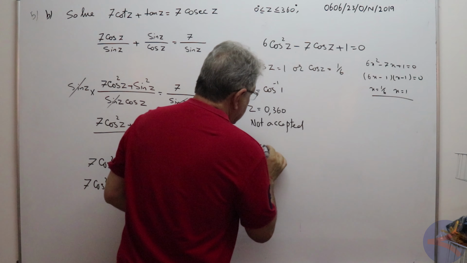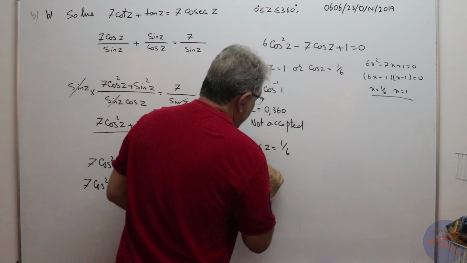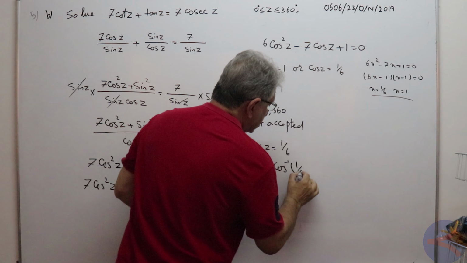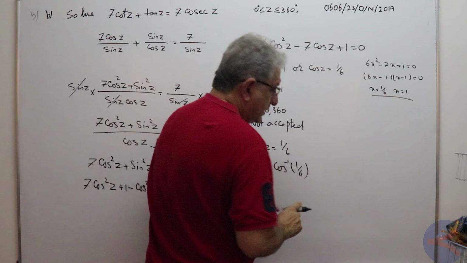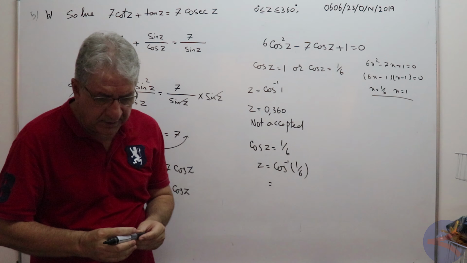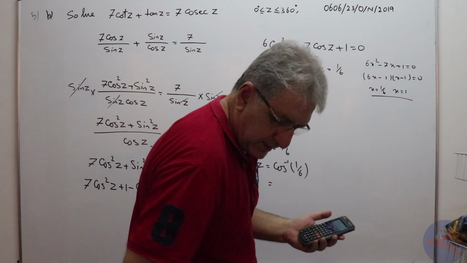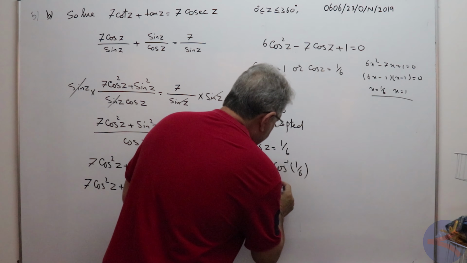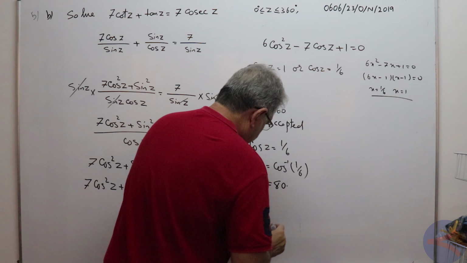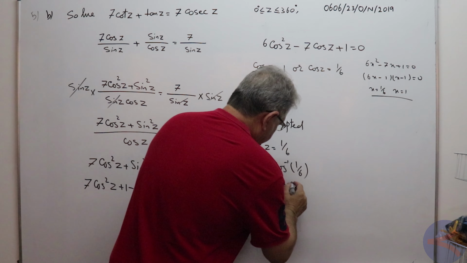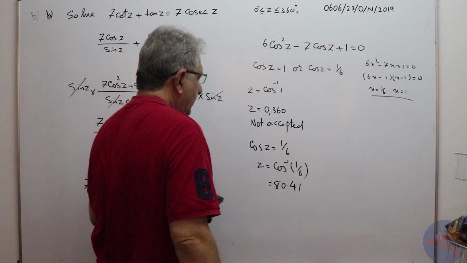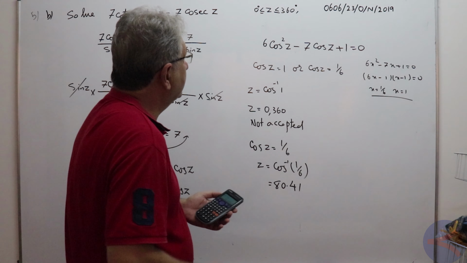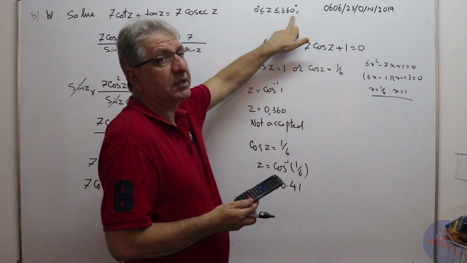Cos z equal to 1 over 6. Therefore, z will be equal to cos inverse of 1 over 6, and use your calculator to get the answer. The answer is 80.41. Okay, this is the answer. Now, we want between 0 and 360.